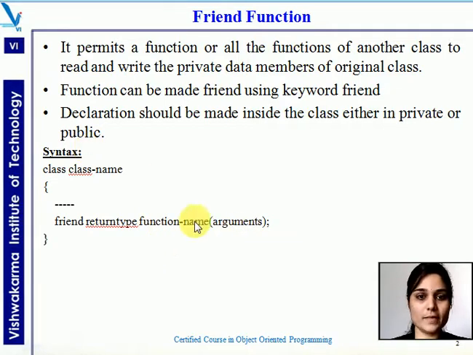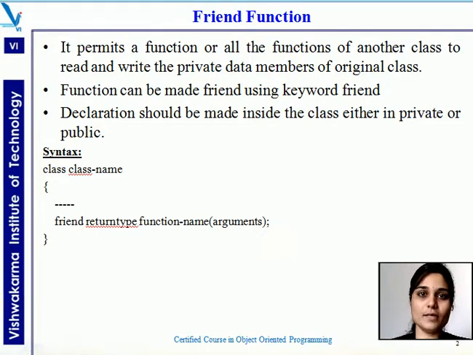In this way we can make a function a friend function. This declaration should be made inside the class, either in the private or public section.